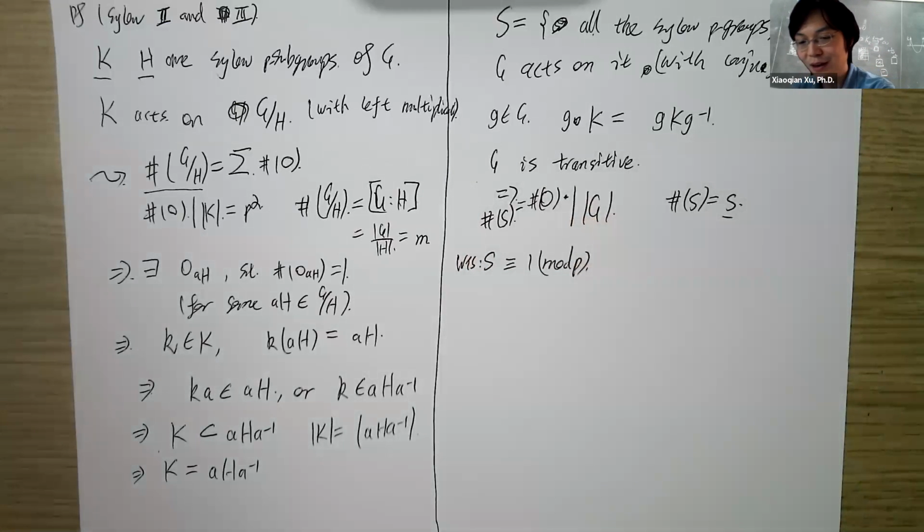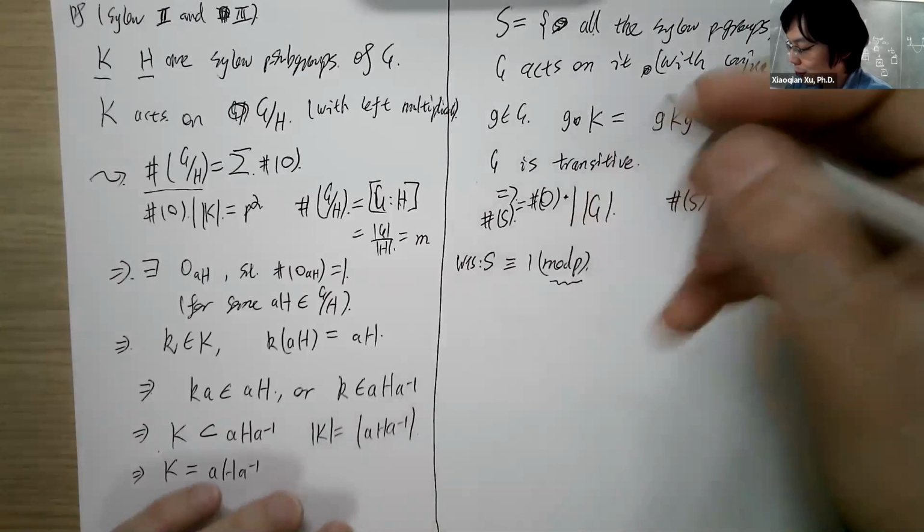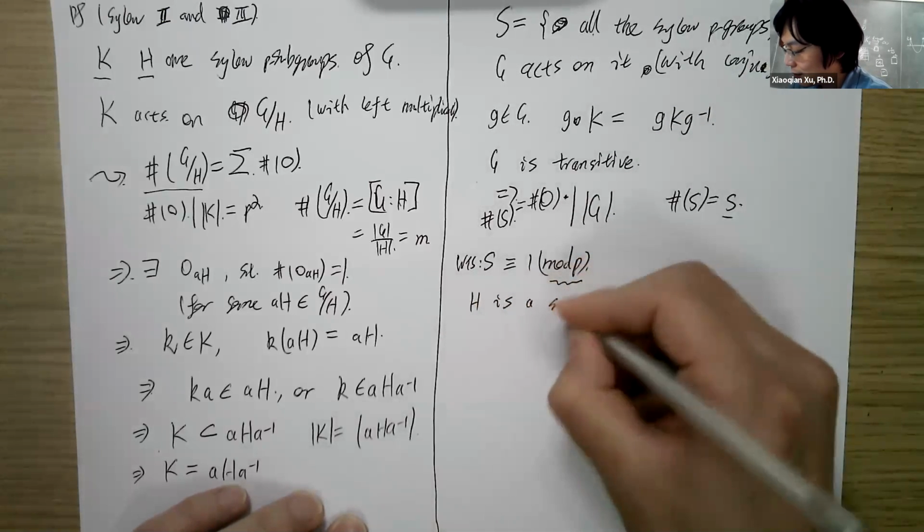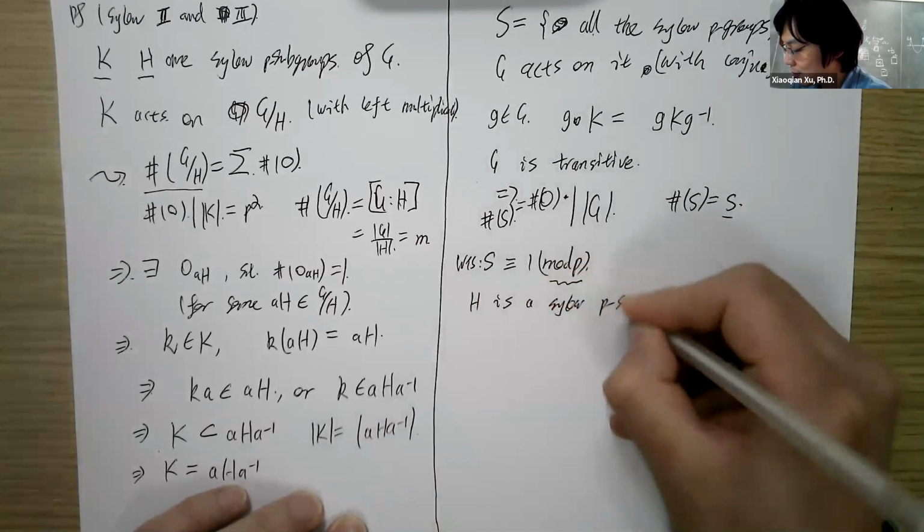Okay. So how can we show this? This is, again, not an easy thing. So maybe we should change to some other action and see whether we can get something. Since we are trying to compute this kind of mod P stuff, for instance, H is a Sylow P subgroup.